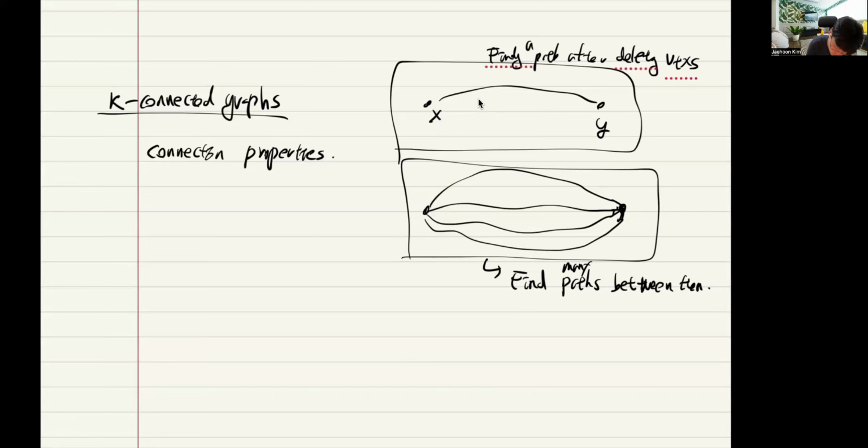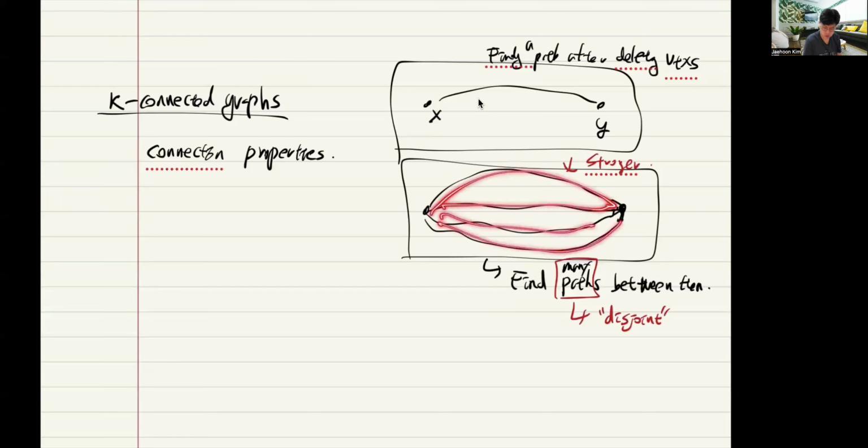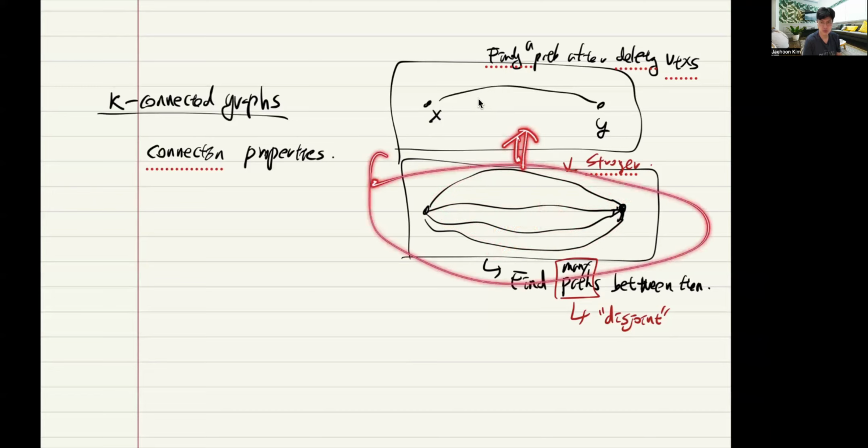And we say those paths are disjoint except the end vertices. If you think about it a bit, this one is actually a stronger property. If you have disjoint paths, say 4 disjoint paths, no matter how you choose 3 vertices, you can only destroy 3 of them. The one remains. So this property implies the other. This bottom one is the stronger property.